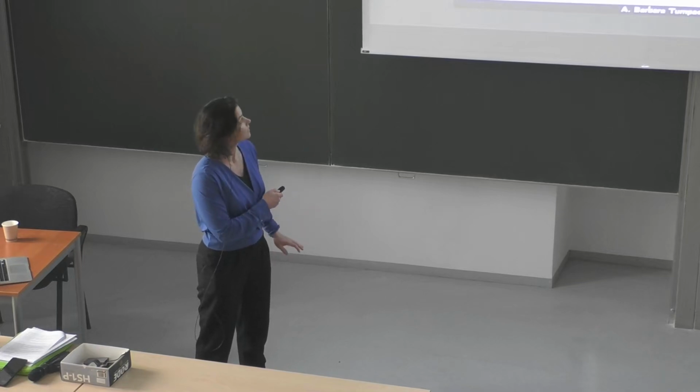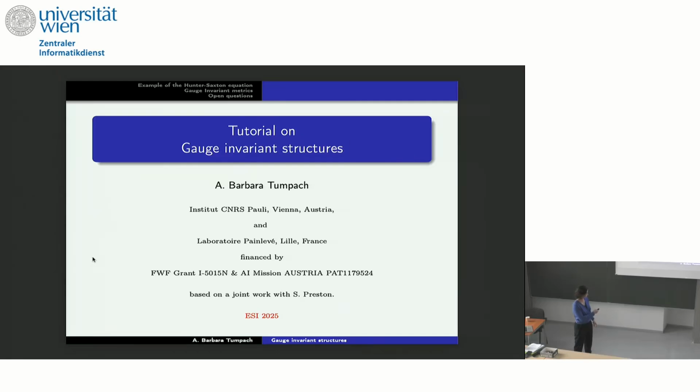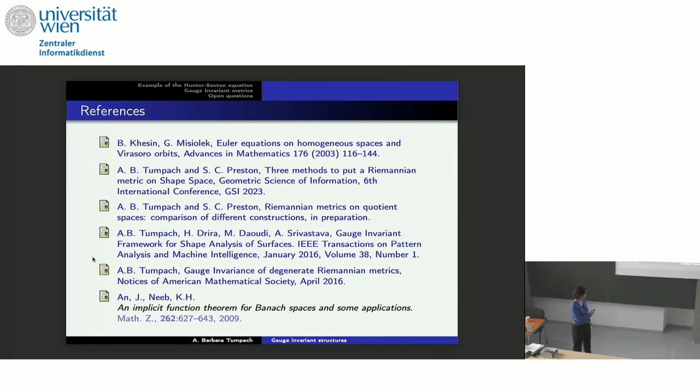So let me just give you the references which can help you to go into this kind of topic. You will see the picture, actually I will show next, is coming from the paper of Kessin and Misolek, where Euler equations were derived, and in particular Hunter-Saxton on the homogeneous space given by the diffeomorphisms preserving orientation of S1 modulo rotations.